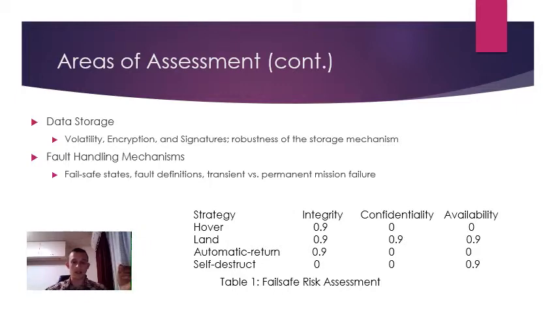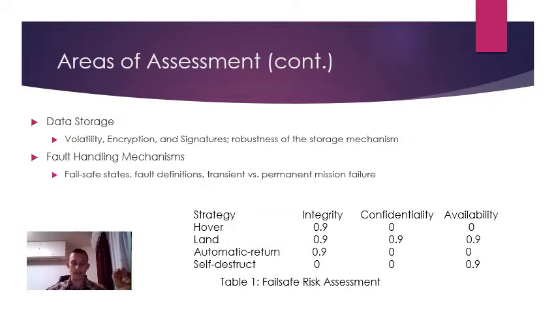A transient fault is going to be some sort of external temporary disturbance, like lack of communication or cloud cover messing with avionics information, things like that. A permanent fault is going to have something wrong with hardware, like you're going to have some damage, or you're going to have some part of the internal computational system compromised in some way.